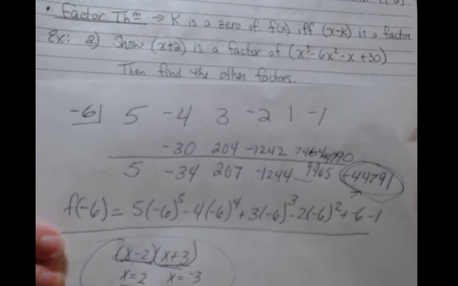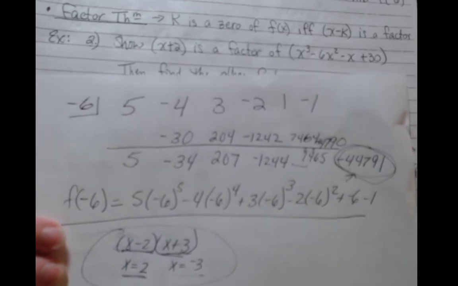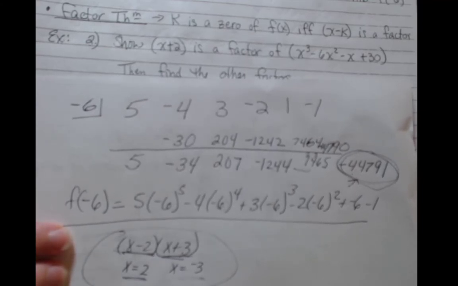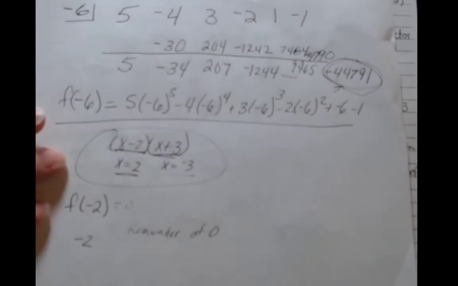We could find f of negative 2, or we could do synthetic division with negative 2. And if we got that this is 0, or the remainder of 0, then we would show that x plus 2 is a factor.